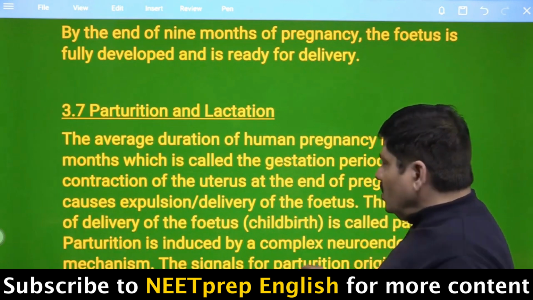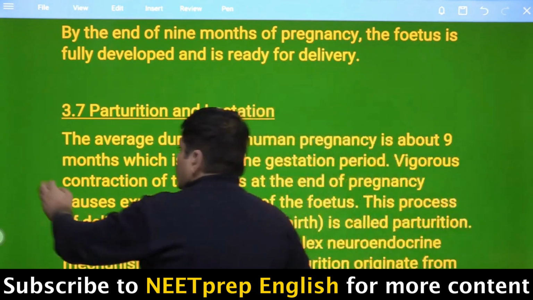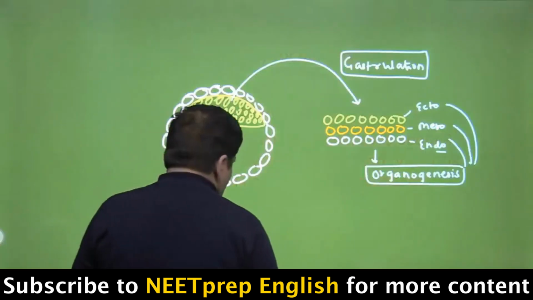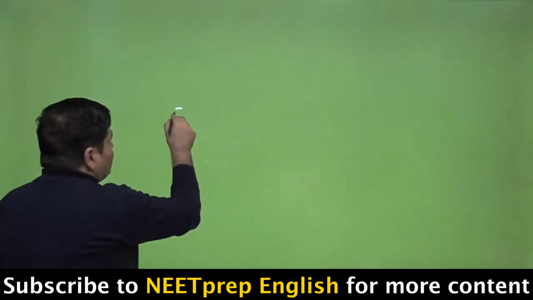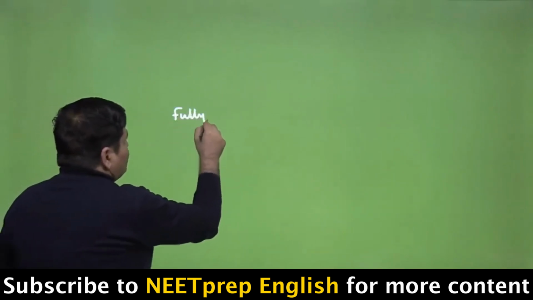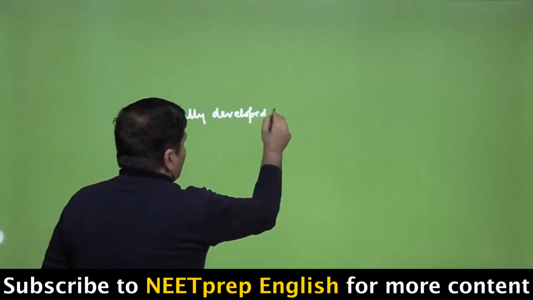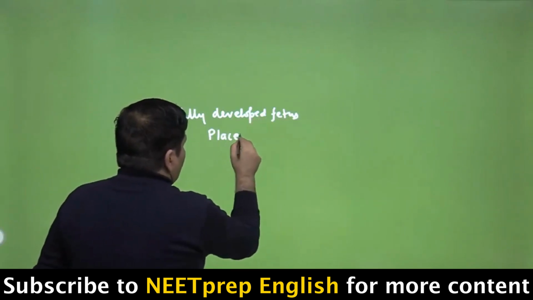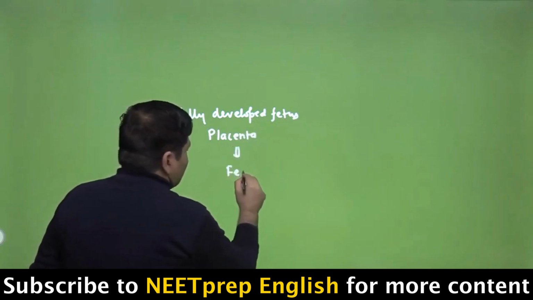It talks about a fetal ejection reflex. Now let us understand this. What happens during parturition? A fully developed fetus and placenta initiate what is called a fetal ejection reflex.